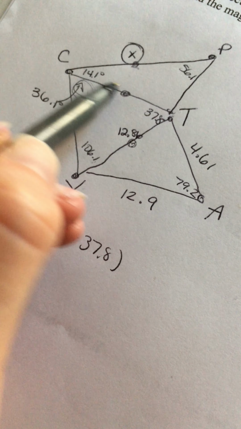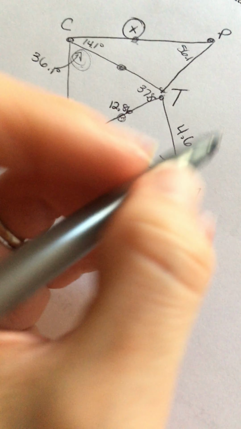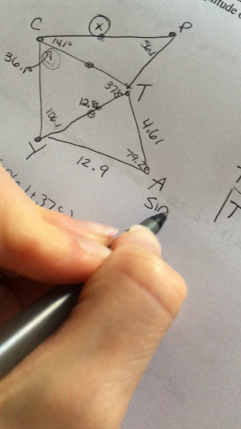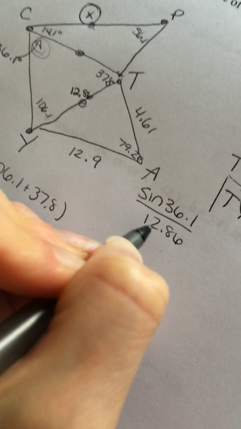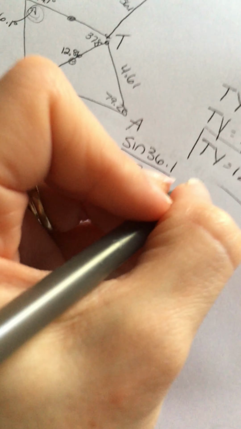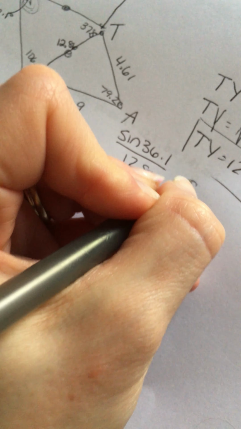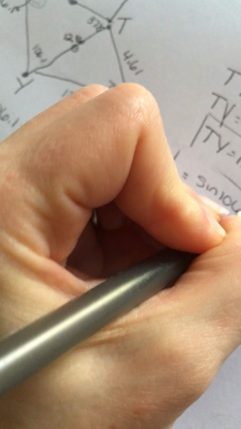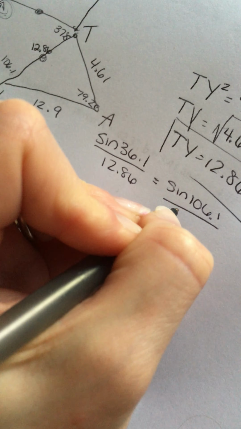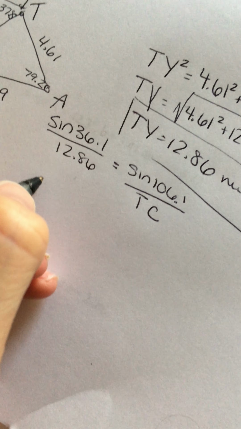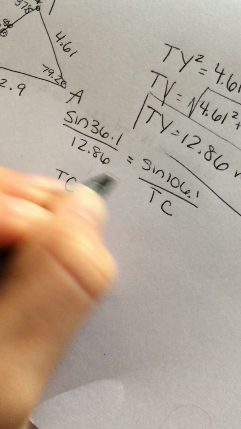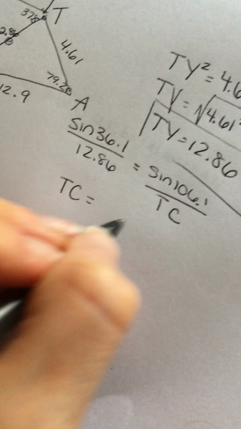So let's find this side, TC. I have sine of 36.1 over 12.86. We rounded this, but that's going to be okay. That is equal to the sine of 106.1 over TC, which I'll call TC. We cross multiply, and I'm going to do this in one step because we've done law of sines already.